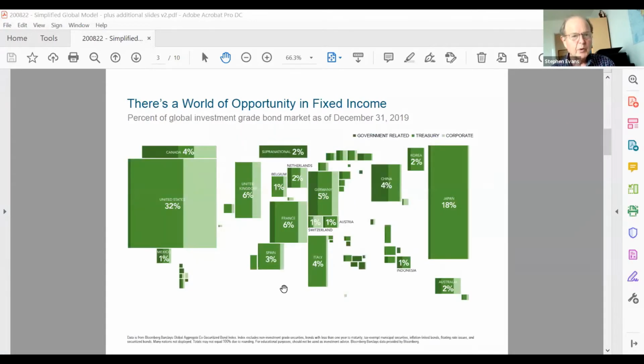There's also a very important fixed interest market, or bond market as it's called, with both government bonds, which are an important part of any portfolio, and corporate bonds.